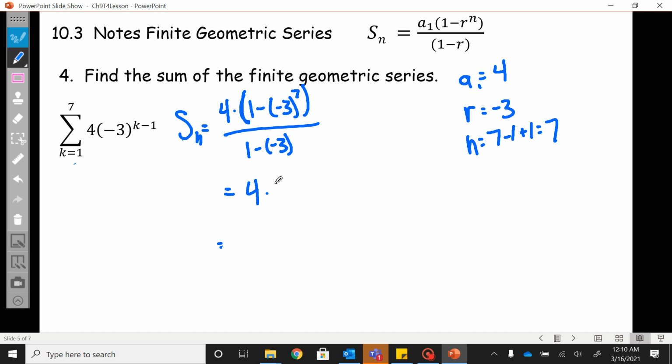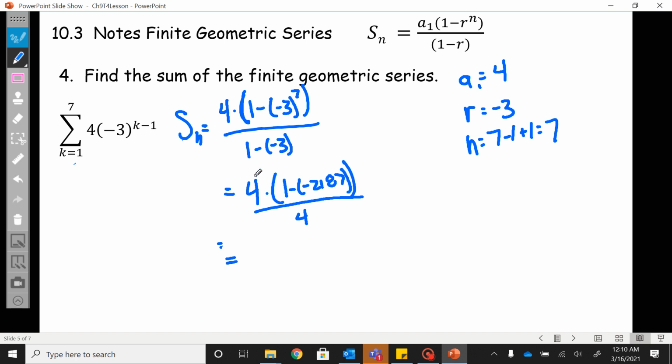So this is 4 times negative 3 to the 7th power, which is negative 2187. So this is 1 minus negative 2187 over 1 minus negative 3, which is 1 plus 3, which is 4.